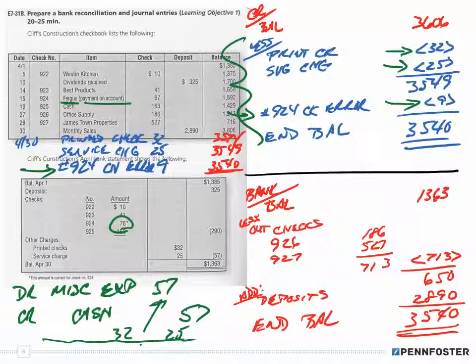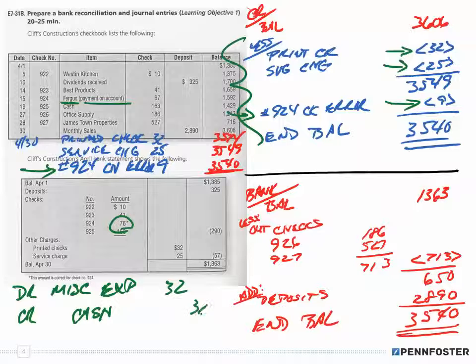Or, you could just make two separate entries. One, you would make the entry for 32, and then write the description to record printed check fees in doing the bank reconciliation for May. And then you'd write a second entry for 25 to record the service charge in preparation of the bank reconciliation for the month of April.